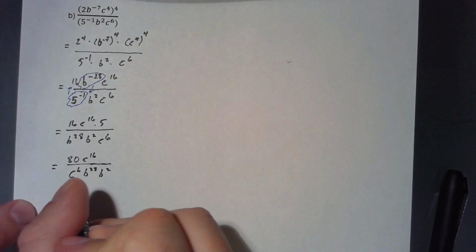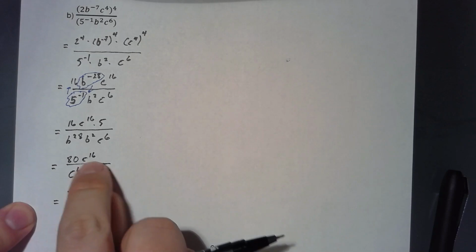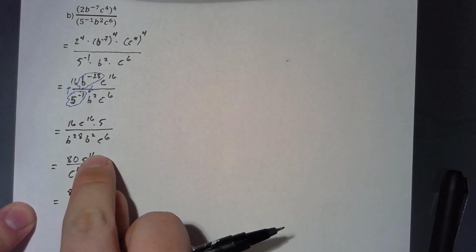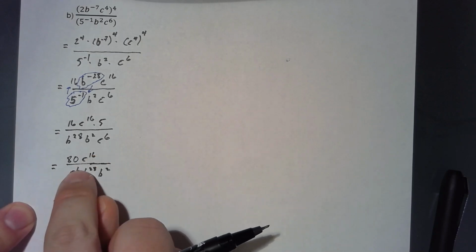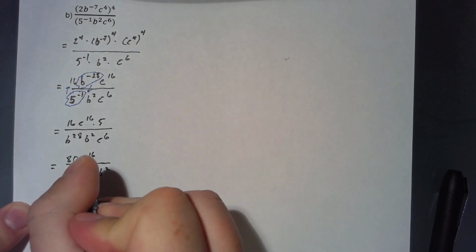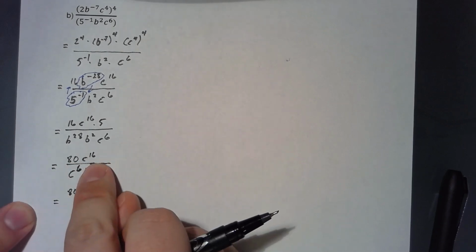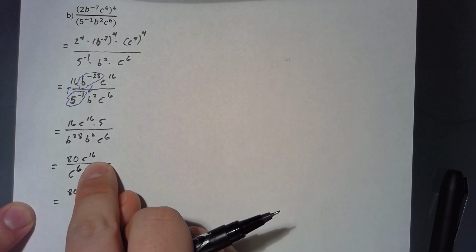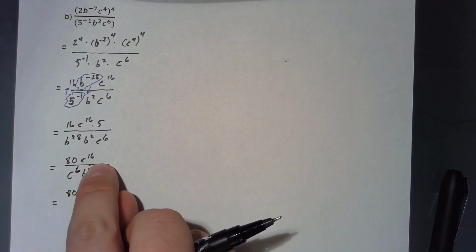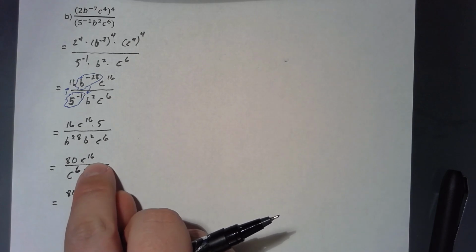So what I have is 80 in the numerator, right? Now c to the 16th divided by c to the 6th. When you have the same base and you're dividing, you're subtracting the exponents. Since 16 is bigger than 6, the result goes in the numerator.